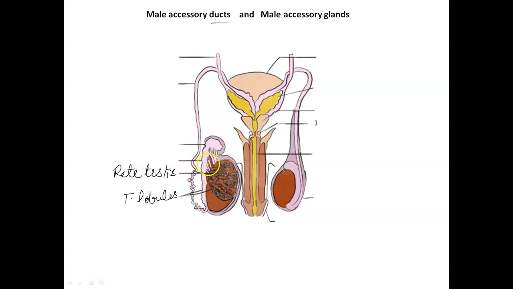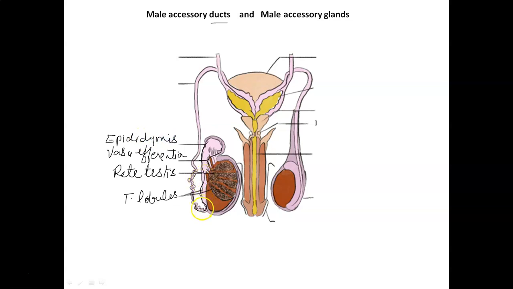Then the straight few in number tubules, these are actually vasa efferentia. And then these vasa efferentia will carry the sperm to the largest coil tube, which has got three parts. We have already studied in the previous slide, that is the epididymis. Okay, so here is the epididymis.